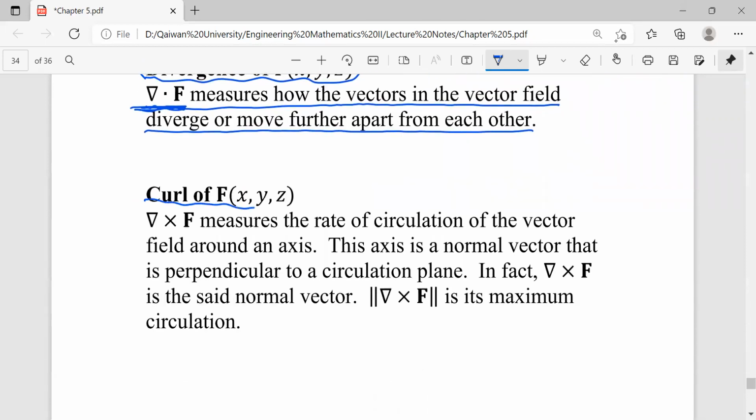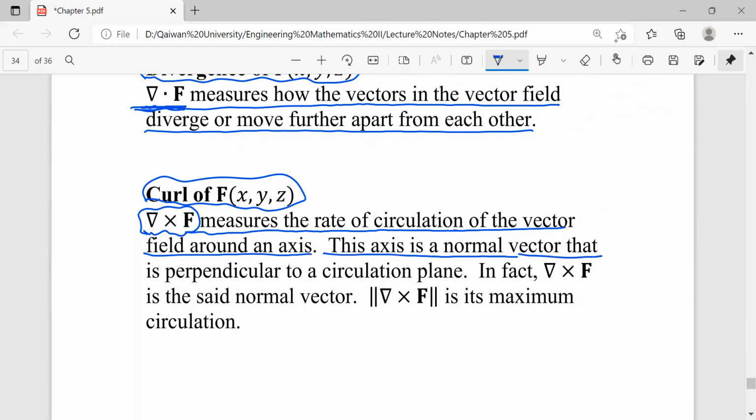But the curl of the vector field is the cross product of the del operator with the vector field. It measures the rate of circulation of the vector field around an axis. This axis is a normal vector perpendicular to the circulation plane.